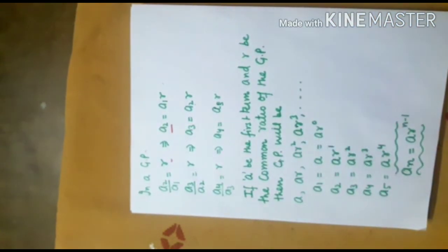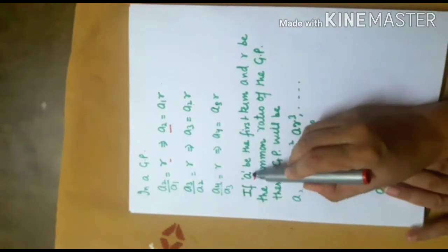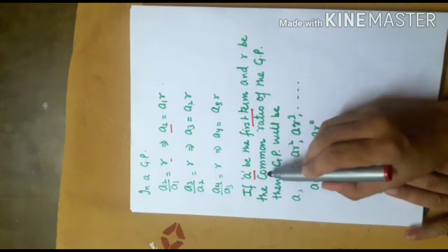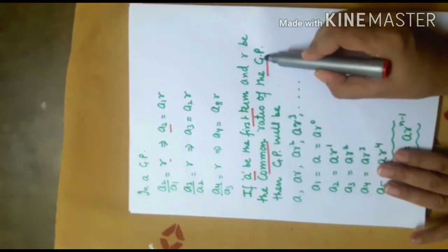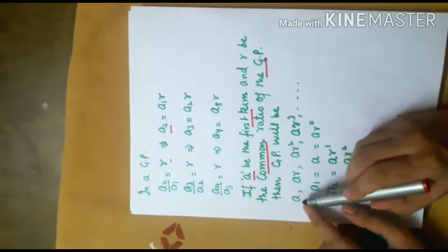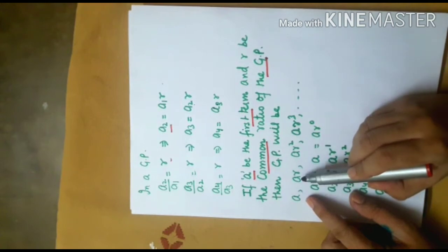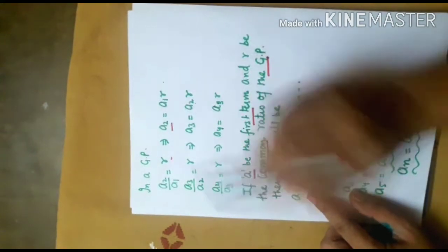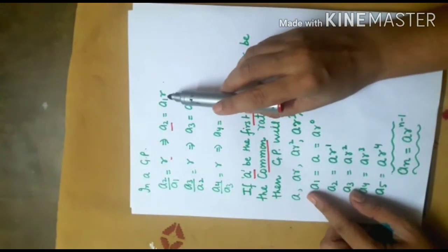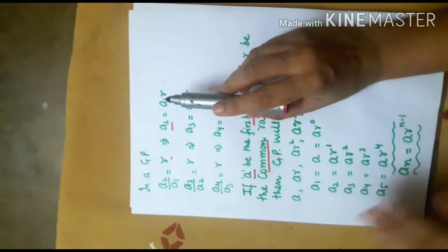So, in order to write a GP, what do we need to know? We need to know two things, the first term and the common ratio of the GP. So let A be the first term and R be the common ratio of the GP. Now, the second term, A2, will be obtained by multiplying the common ratio to its preceding term.